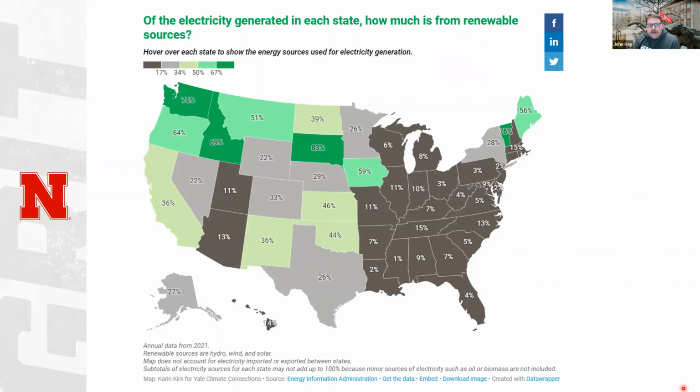I found this article today, and I found it interesting and wanted to bring it up. It's an article about this graphic written in the Yale Climate Connections newsletter that came out today. What is interesting is this is the renewable electricity generated in each state.